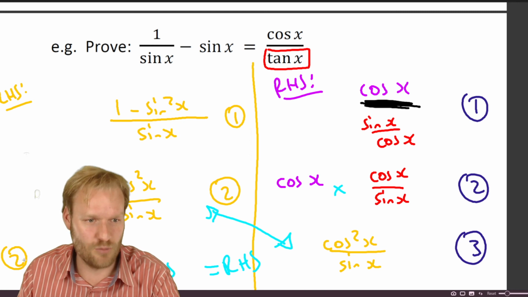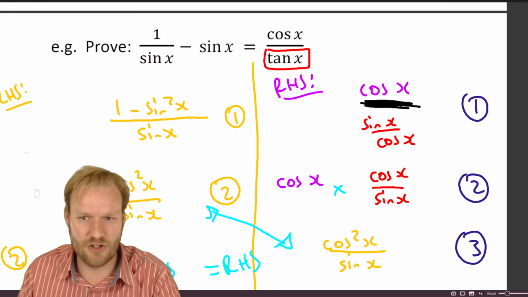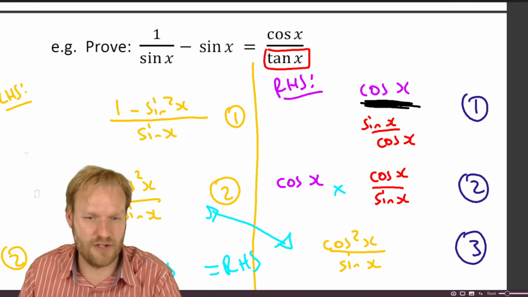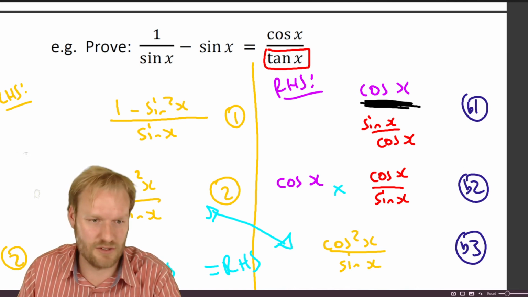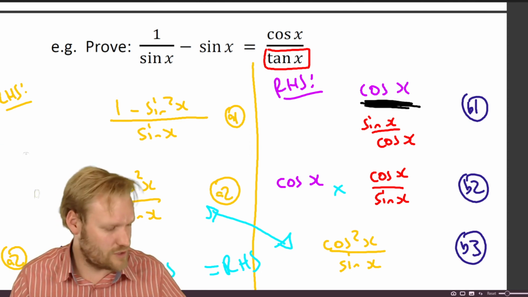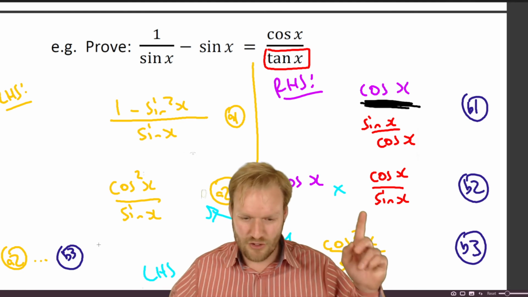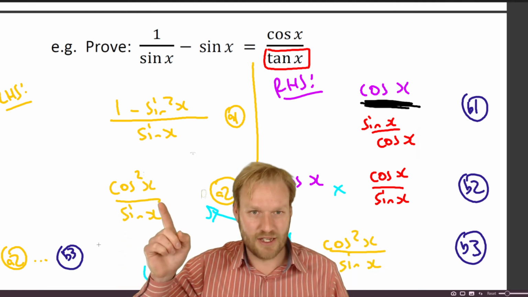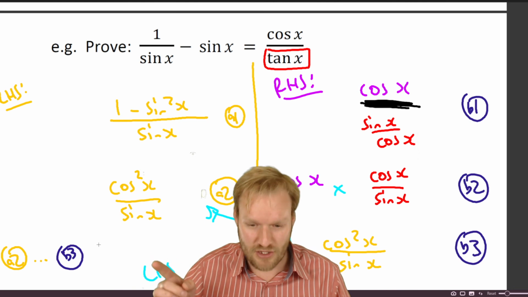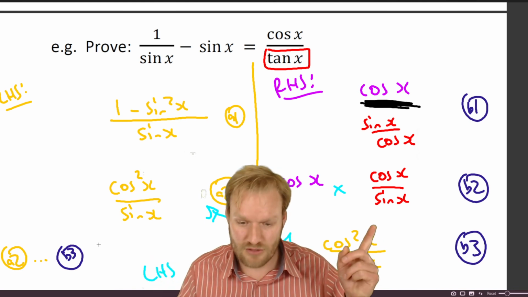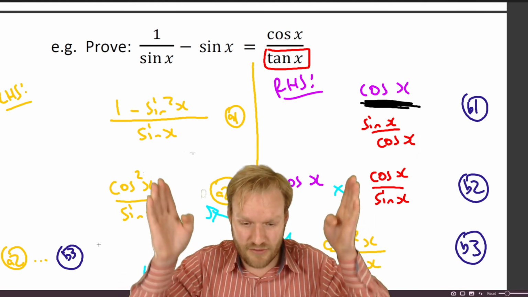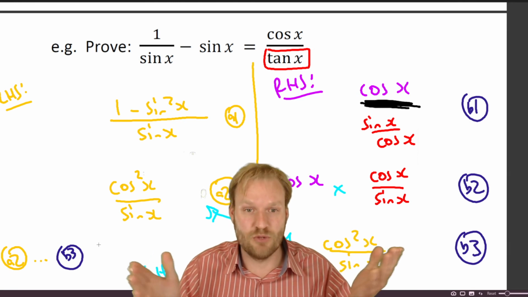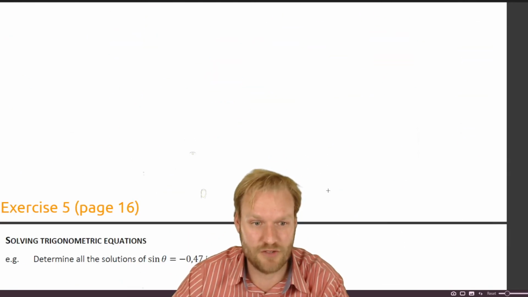Maybe you did some work to line 2 and got line 3, and then kept working until it looked like the left-hand side. Or you did what we've done here: we took each down to a certain point, and then they look the same. Up to you if you want to do it that way.